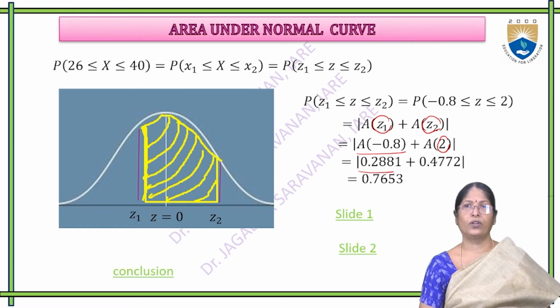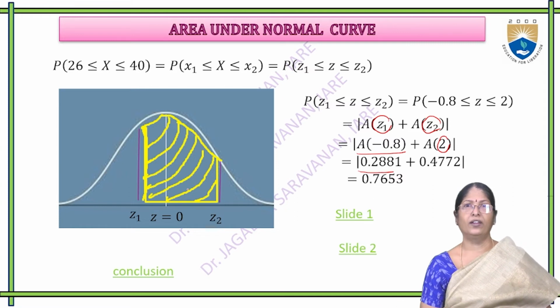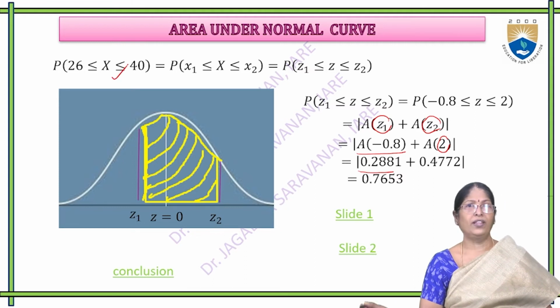So 0.7653 is the shaded area satisfying this question, that is, x lies between 26 and 40.